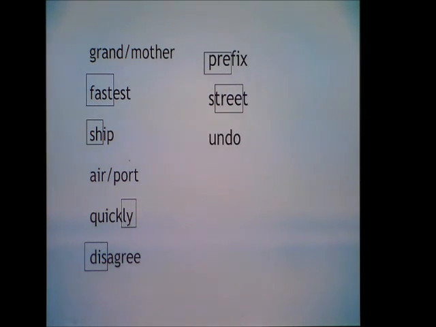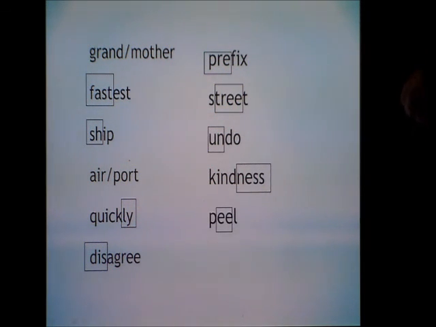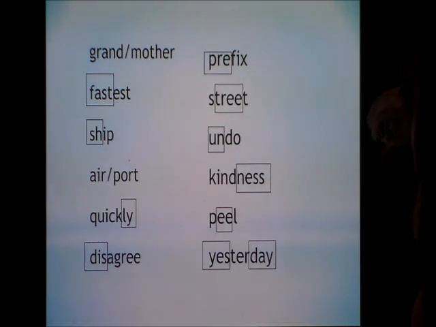I used the prefix un and got undo. I used the suffix ness and got kindness. I looked for the letter pattern ee and got peel. And here I found two small words, yes and day, to read yesterday.